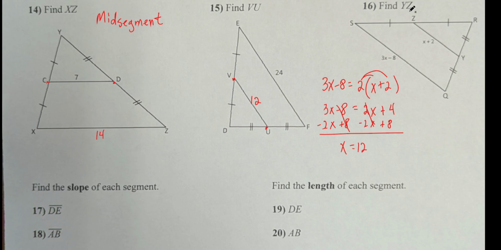No, because it says find YZ. YZ is this one right here. So I know what x is, so 12 plus 2 is 14. So YZ is equal to 14. It's the same idea as these, but a little bit more involved because you had to solve for x, plug back in, and all that. All right, let's do another one.